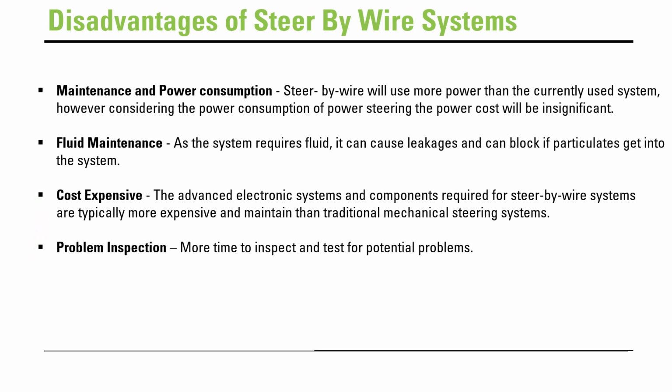Also, if some issues occur in between, it takes more time to analyze and diagnose the problems, because we are introducing another ECU here in between the steering wheel and the car wheel tires, I would say. So these are the four main disadvantages, I would say, of the steer-by-wire system.